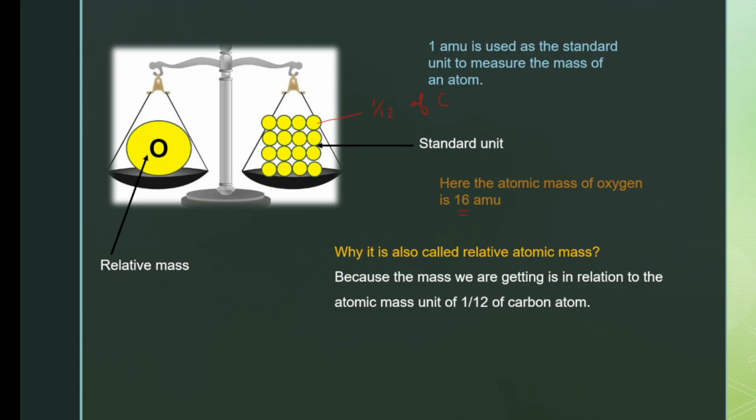One full oxygen atom is formed of 16 1 by 12 balls of carbon atom, or 16 AMU of carbon atom. We are relating the mass of oxygen with 1 by 12th of carbon atom. That is why it is also called relative atomic mass.